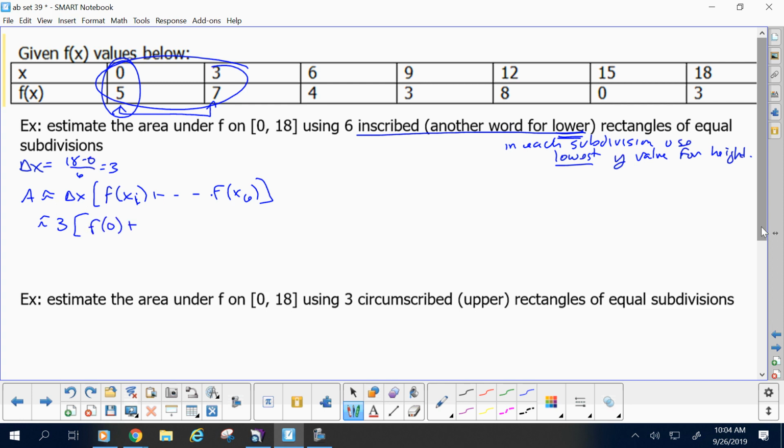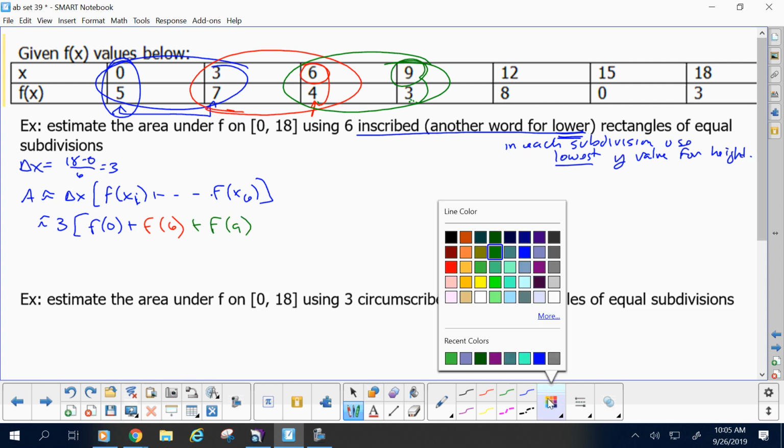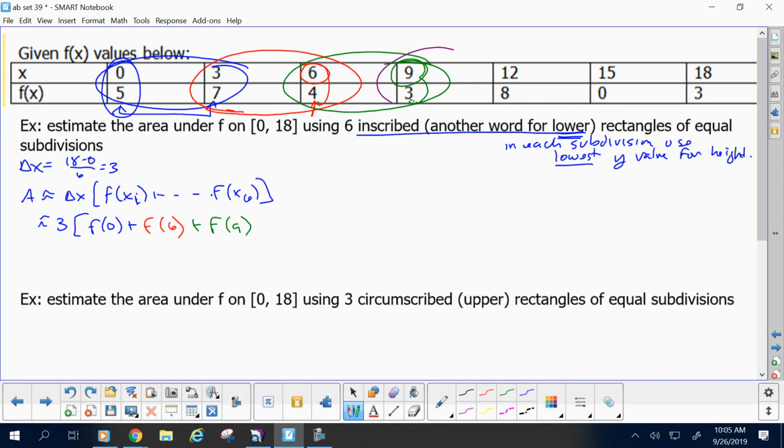Okay? The next subinterval is from 3 to 6, and I look for the lower Y value. And rather than write 4, I say, hey, where does 4 come from? It's F at 6. And the next subinterval from 6 to 9, I say, what's the lower? It's 3, and 3 comes from F at 9. Then I go to the next subinterval, 9 to 12.